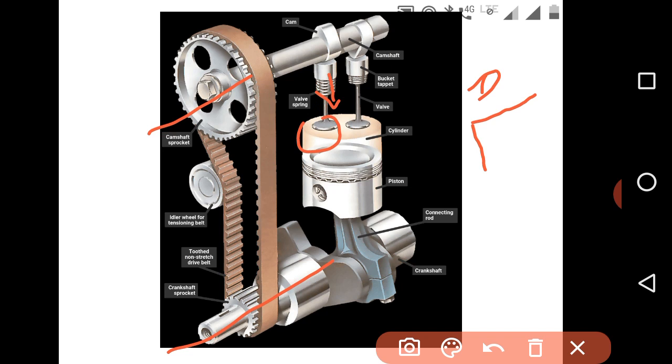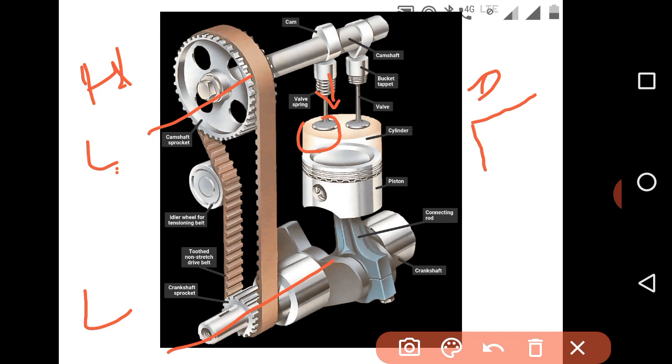Suppose the speed of the crankshaft is lower. As the speed is lower, the controlling output for the camshaft will be lower, the angular movement will be lower, and the time required to rotate the camshaft will be higher.